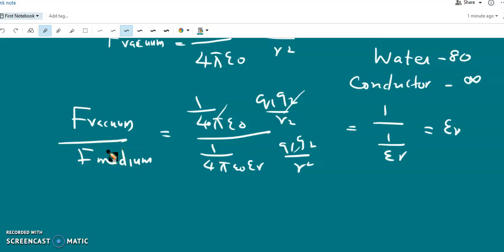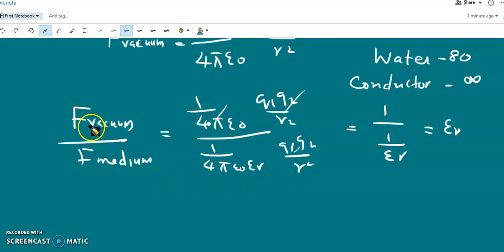So we can define it as epsilon by epsilon 0. Similarly, it can be defined as the force between the two charges at a particular distance in vacuum to the force between the same two charges placed at the same distance r in the particular medium.